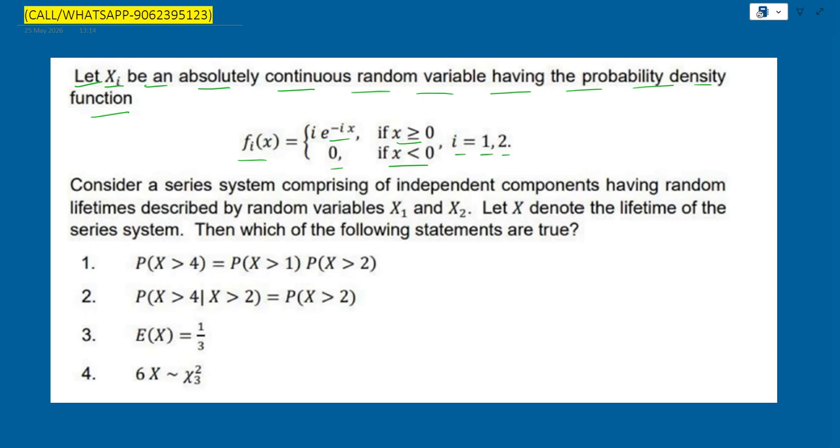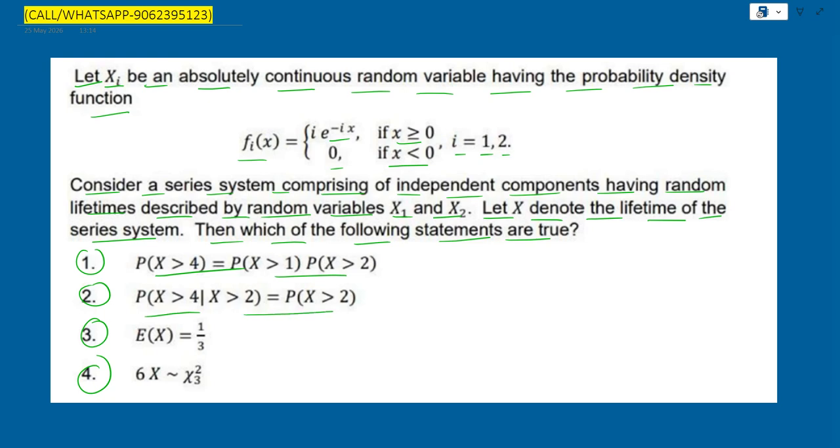Consider a series system comprising independent components having random lifetimes described by the random variables X1 and X2. Let X denote the lifetime of the series system. Which of the following statements are true? There are four statements, so we have to find out which statements are true.